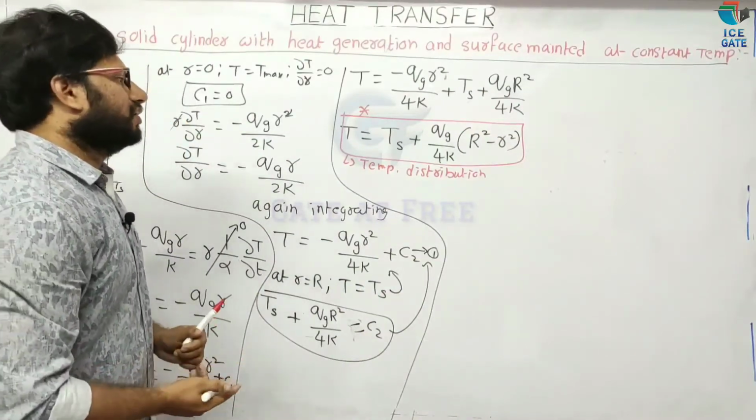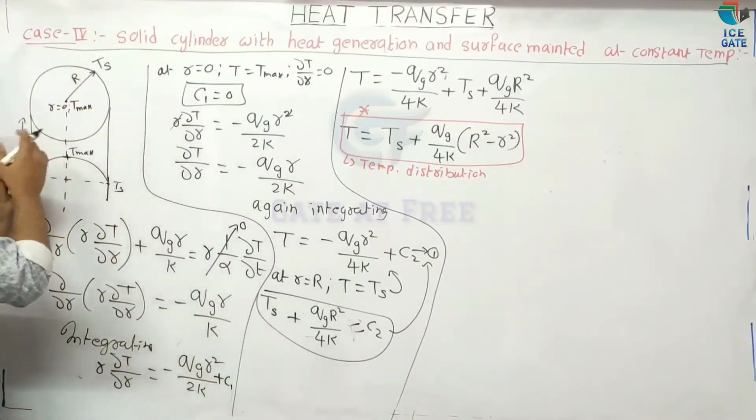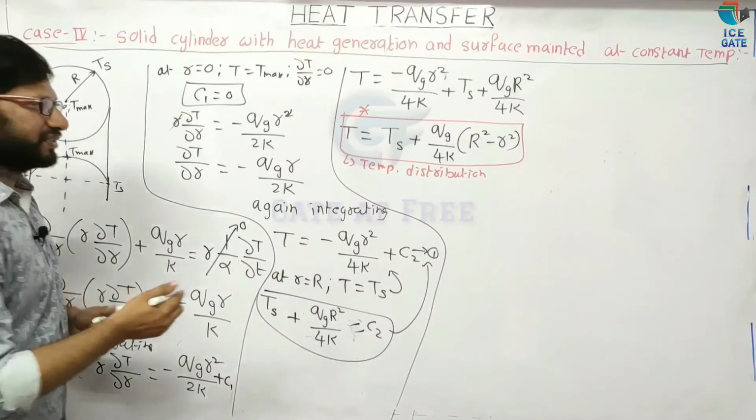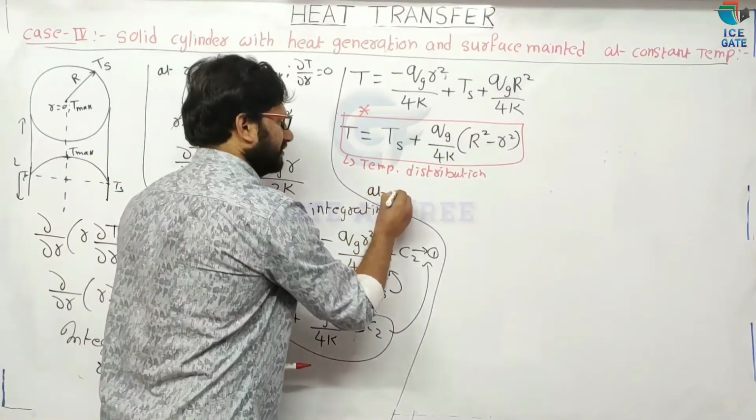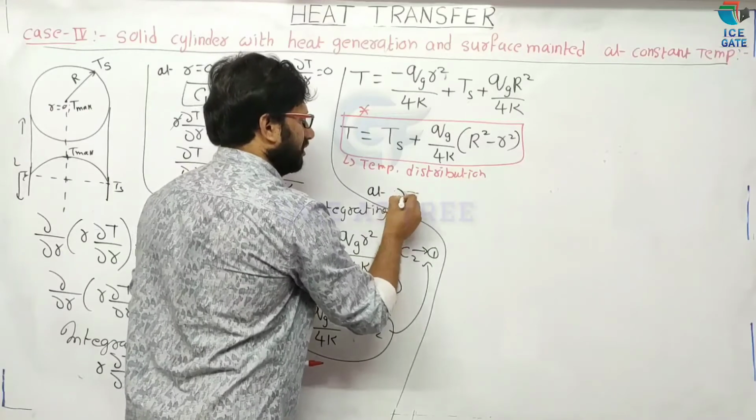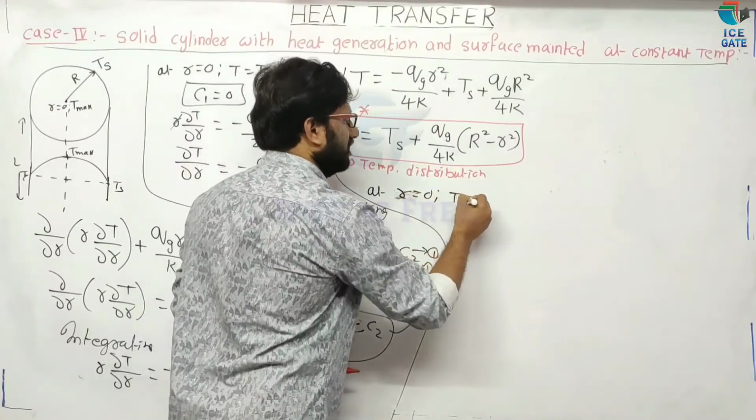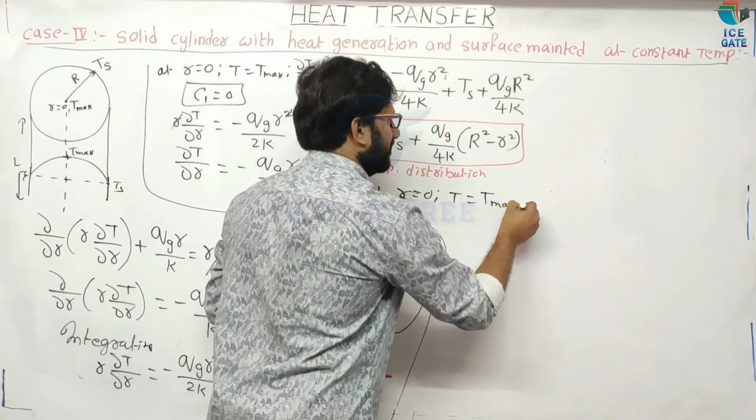Okay. Now to find out maximum temperature in this solid cylinder, we know that at r equal to 0, T equal to T max.